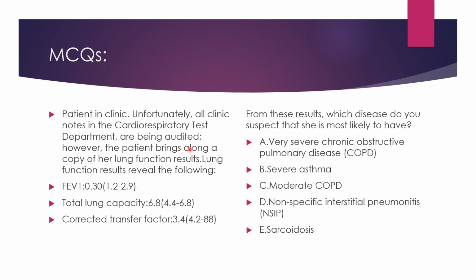Because the FEV1 is reduced significantly, the total lung capacity is preserved, and TLCO is reduced in emphysema and the obstructive lung disease. So from these results, I suspect the patient to have COPD, but there are two things: very severe and moderate. Very severe, moderate, and mild are some of the gradings that are given based on FEV1 percentage of predicted.